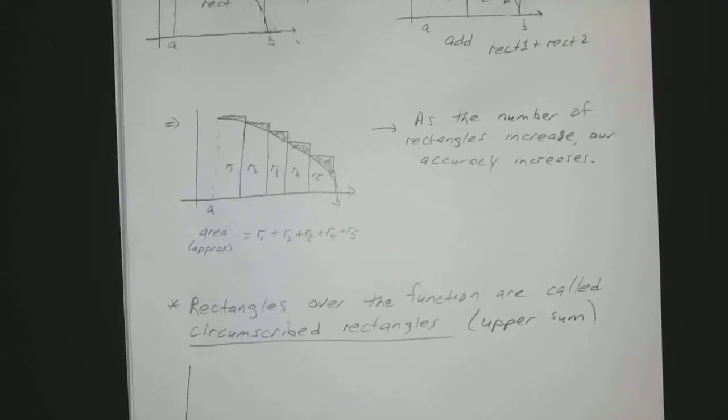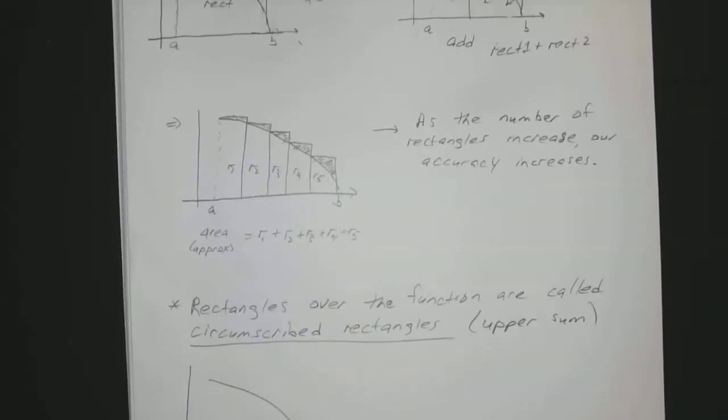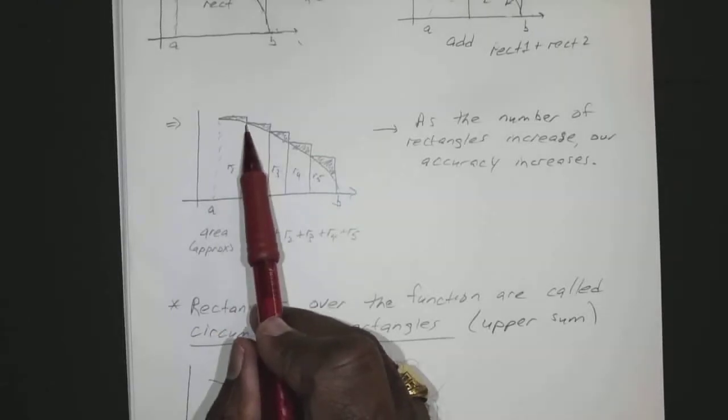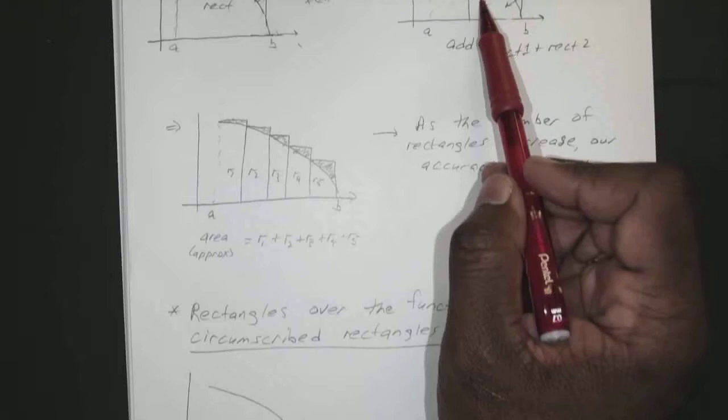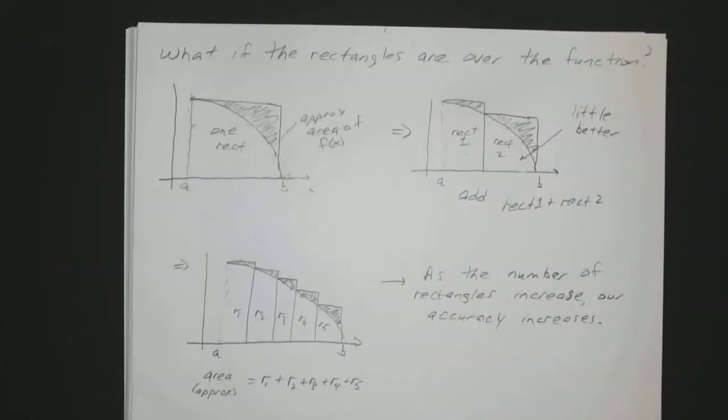So for this one, let's say if you have your decreasing function. If you notice for all of those, when the function is decreasing, your left endpoint is on the graph.